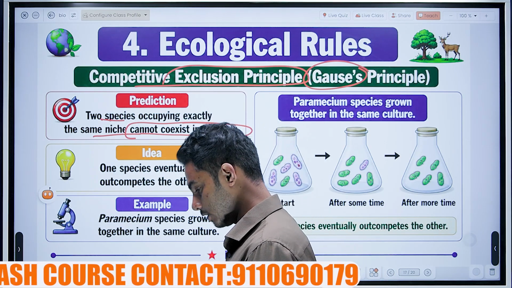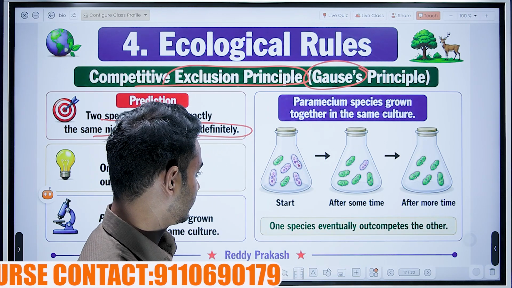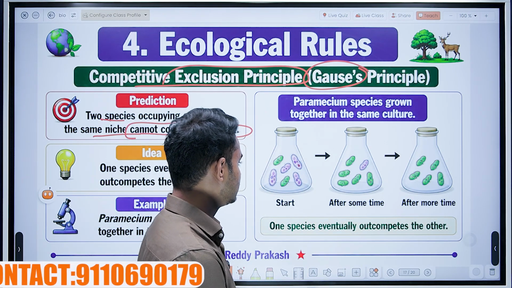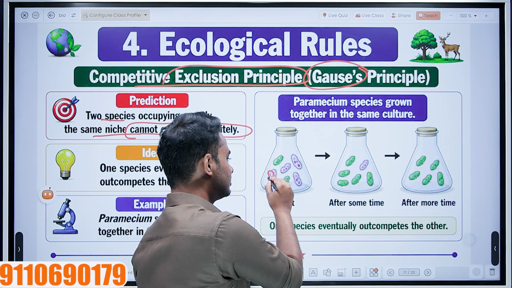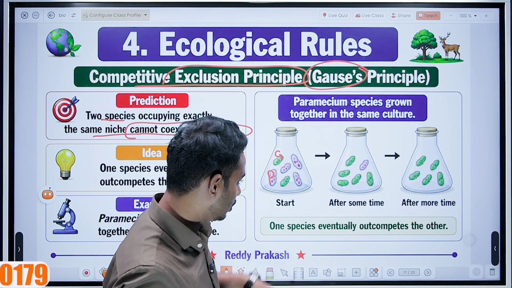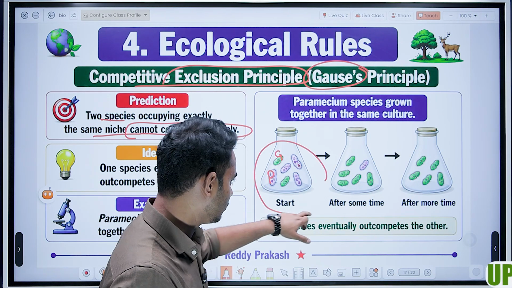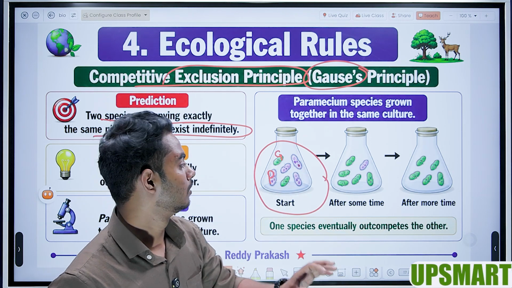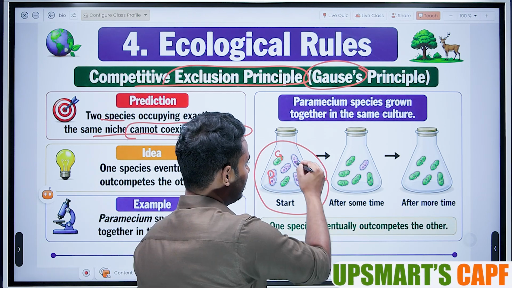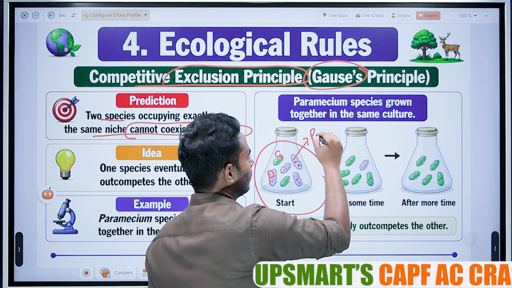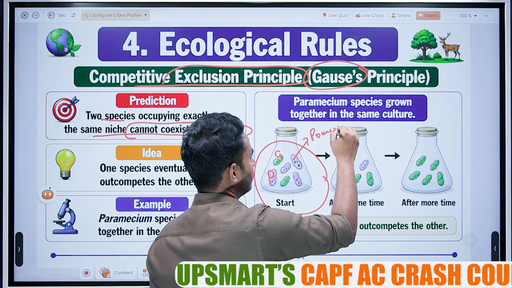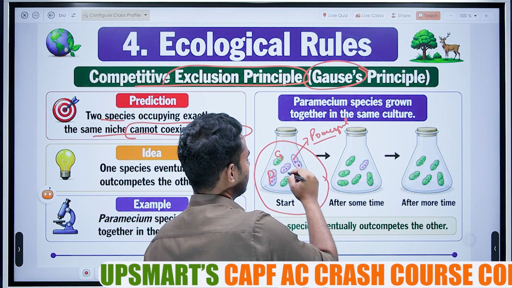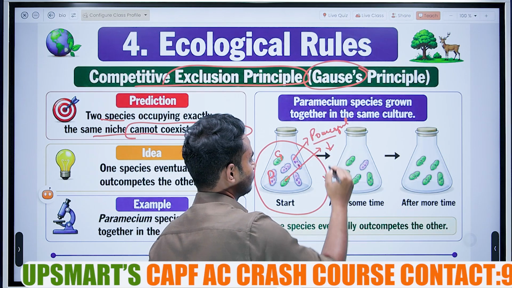See here, these are two species. Pink species, green species. They are occupying the same niche, same environment. They are getting the same food. However, pink is powerful. Green is less powerful.